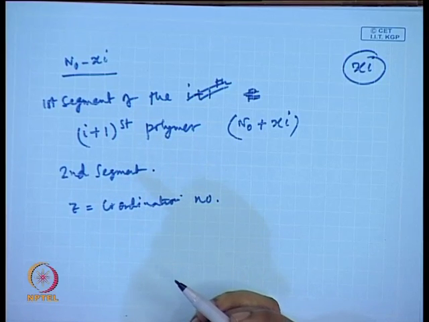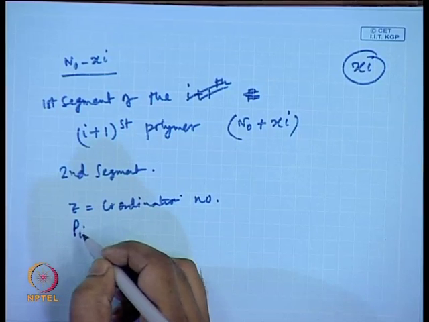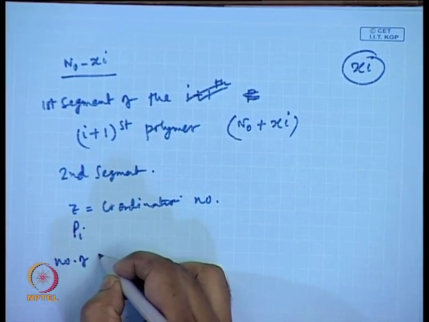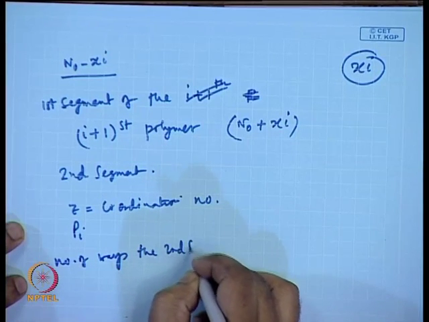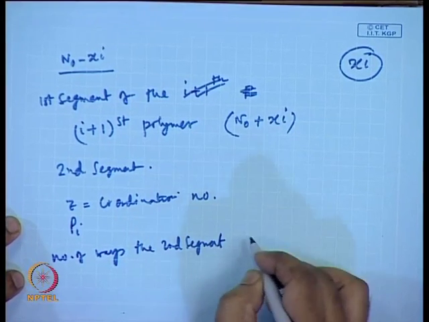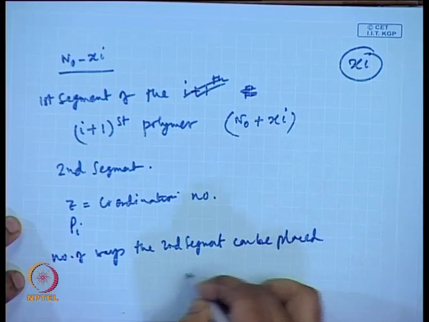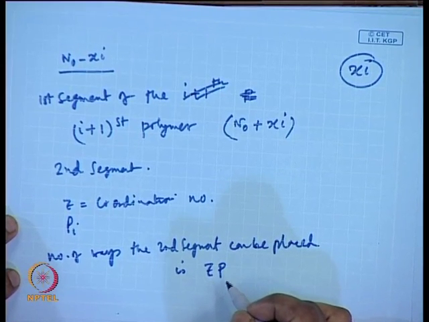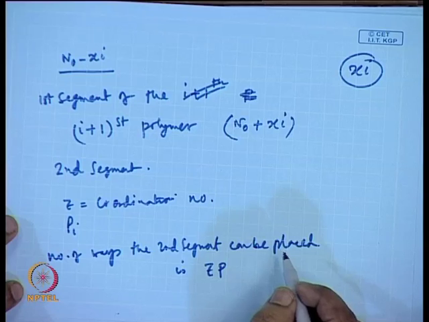There is a probability. If I write the probability as P I, then the number of ways the second segment can be placed is Z P. P is the probability that the cell is vacant.